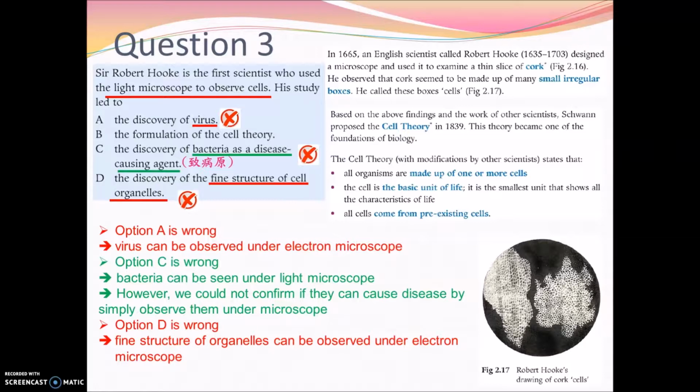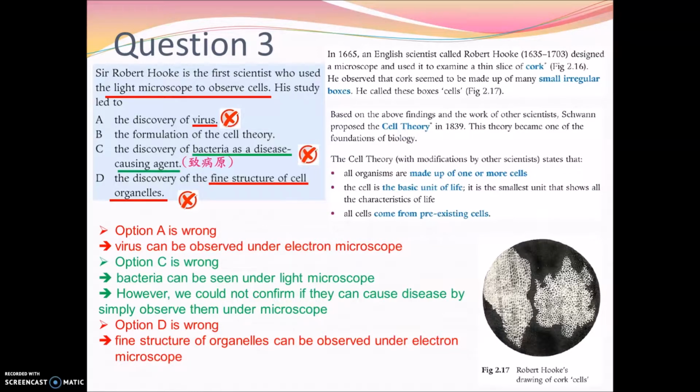For option C, although bacteria can be seen under a light microscope, we have to look very carefully at option C. Option C is talking about the discovery of bacteria as a disease-causing agent. Yes, we can observe bacteria under a light microscope, but we cannot confirm by simply looking at bacteria whether this bacterium can cause disease and that one cannot.